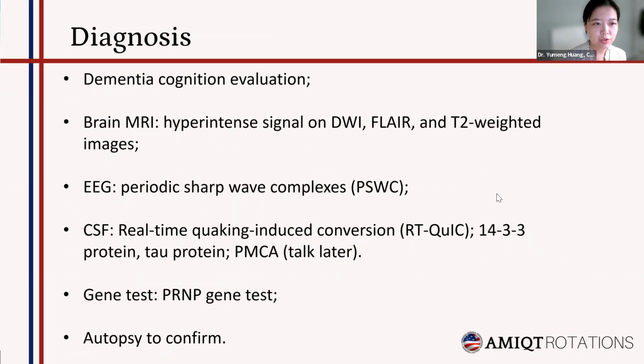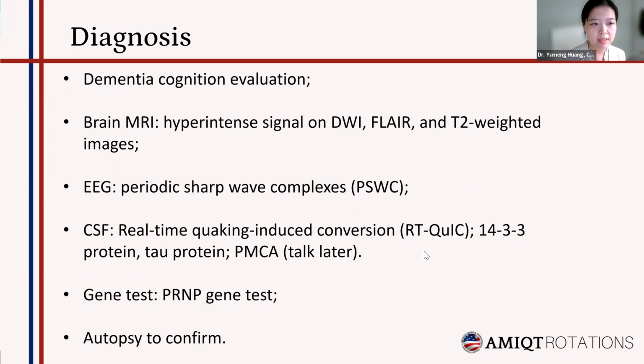The diagnostic tools for CJD include dementia cognitive evaluation, and importantly, brain MRI can always give us insight if there is a hyperintense signal on DWI, FLAIR, or T2-weighted images. Sometimes the EEG can also show typical periodic sharp wave complexes.